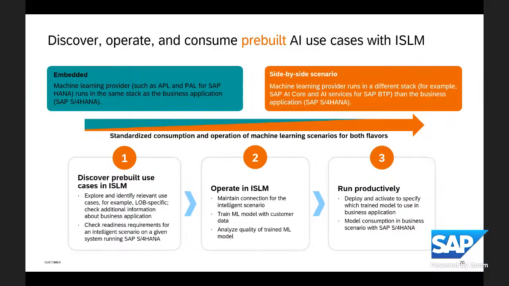Activate for me is used during the testing phase. When you're testing a scenario or a model, you would activate it for your own user. And once you're satisfied and your testing and exploration phase is over, then you would activate it for all, and then it would reflect in the business application.